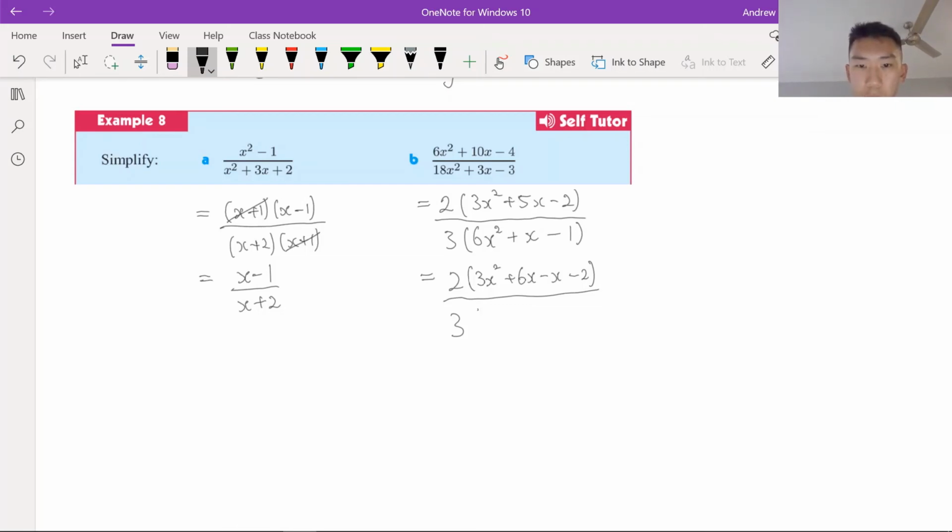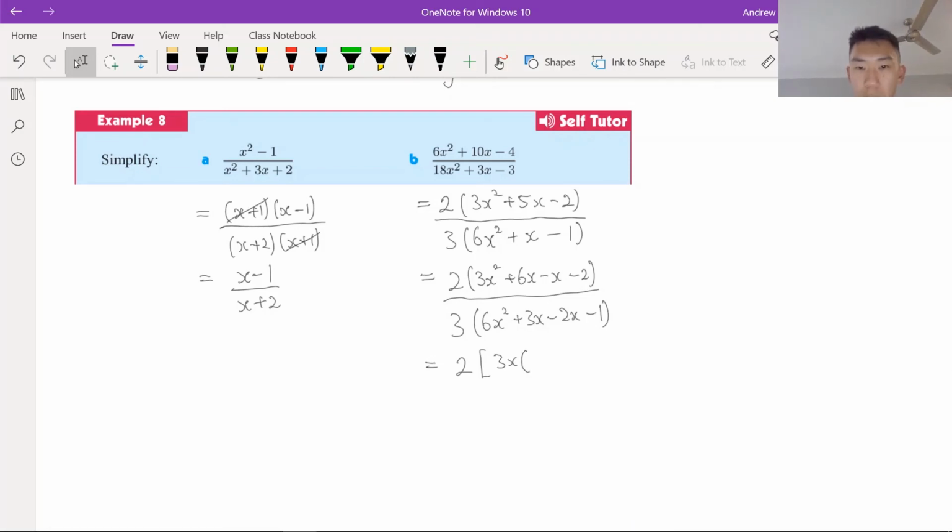So split the middle. I'll do it to the bottom as well. We want two numbers that multiply to AC, so negative 6, and add to positive 1. So that is 3 and negative 2. And then from here, we factorize.